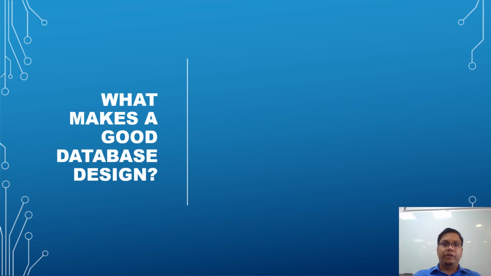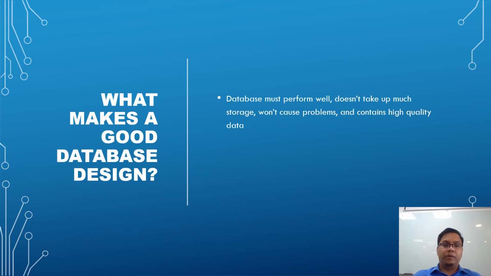Now we will go to choosing a good database. What makes a good database design? A database must perform well, not take up much storage, not cause problems, and contain high quality data. There are two golden rules that we need to follow.